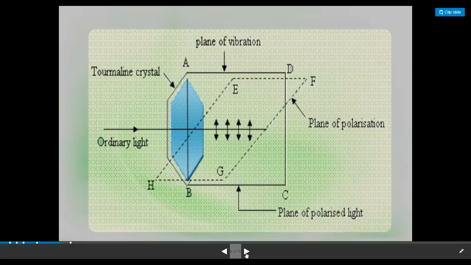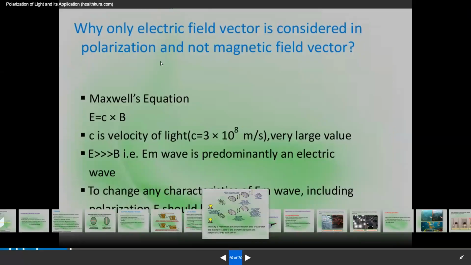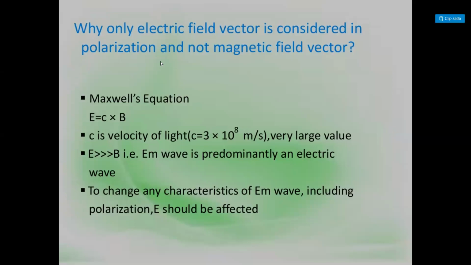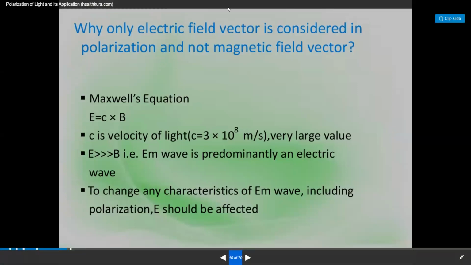Next one is, in the starting slide, we discussed that light is an electromagnetic wave. That means it consists of an electric vector and a magnetic vector. But in this entire chapter, we discuss only the electric field vector.